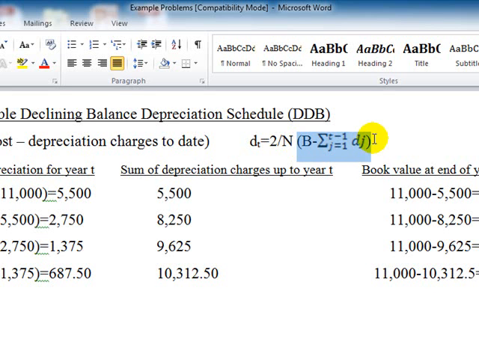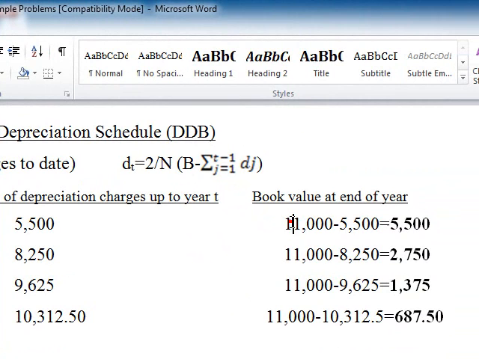Book value is the cost minus the total summation of depreciation charges. So in this case, 11,000 minus 5,500. So at the end of year 1, the book value of the asset for accounting purposes is 5,500. So that is clear, right?